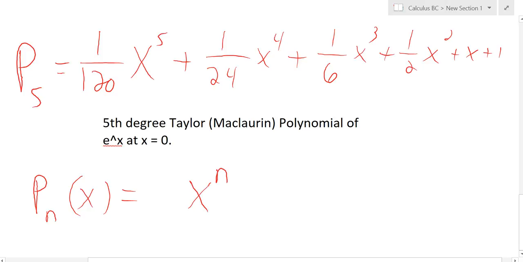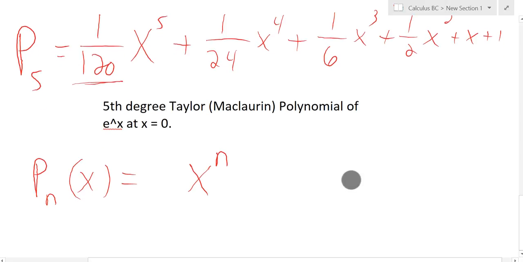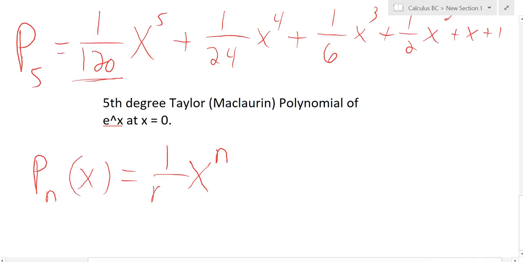To get that fifth degree up here, this 120 came from multiplying 24 by 5, which is a factorial: 1 times 2 times 3 times 4 times 5. That's with the exclamation point. Factorials are shorthand ways to write things, and that was the whole point of this. So this is going to be 1 over n factorial times x to the n. What will my next term be?